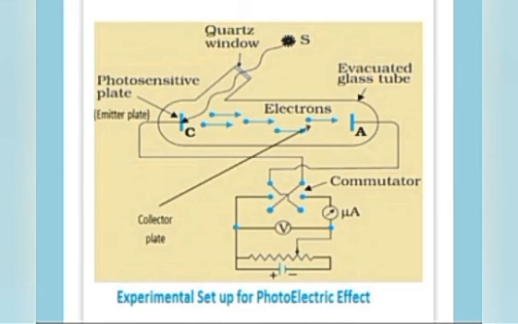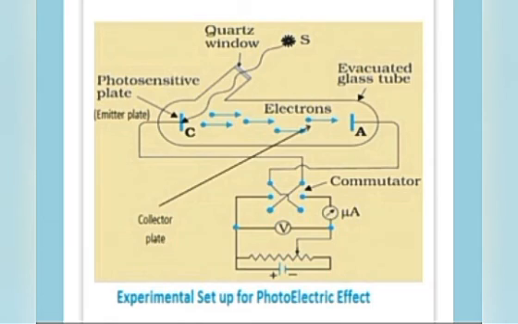Means anode is connected to positive terminal of the battery and cathode is connected to negative terminal. Then the anode is at positive potential and cathode is at negative potential.